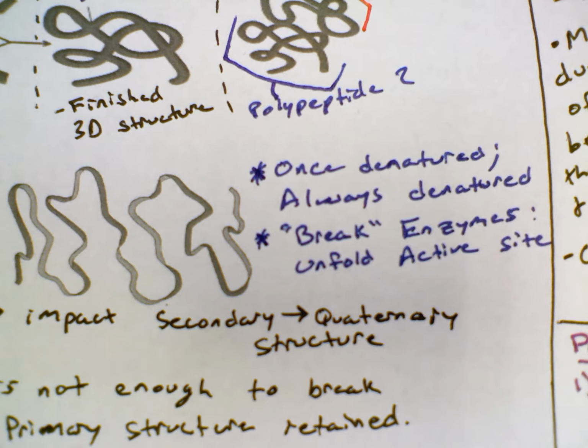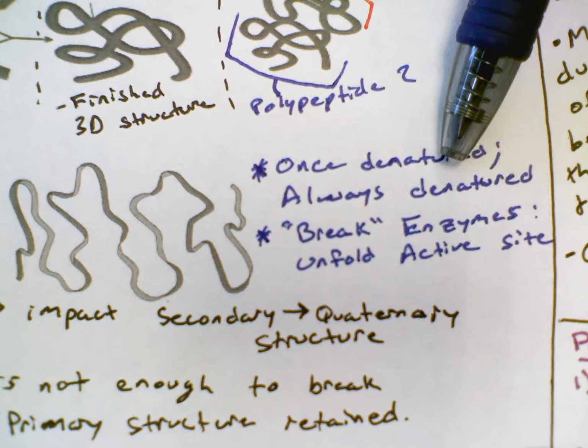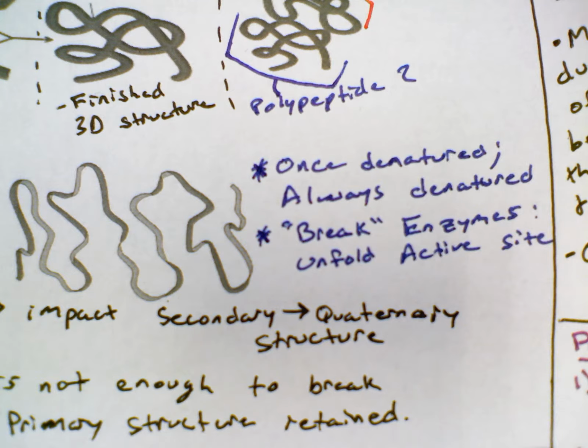And then I'll go down to the text underneath. So here's two important points. One, once a protein is denatured, it's always denatured. It's never going to renature. And we see this. If you cook some meat, what you're doing is denaturing the proteins of that cow or whatever it is that you're eating.